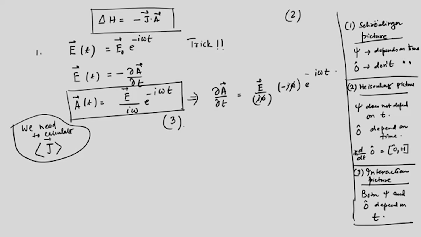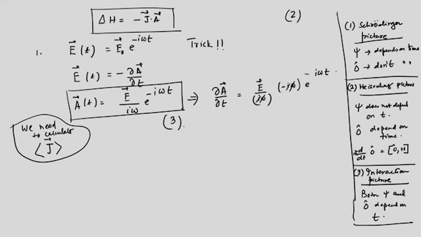Now, it is very important to realize that when you calculate the expectation value of an operator, which is a physical observable, it will not depend upon which picture you adopt, rather it will be independent of the picture, and all those results will be the same in all the representations.